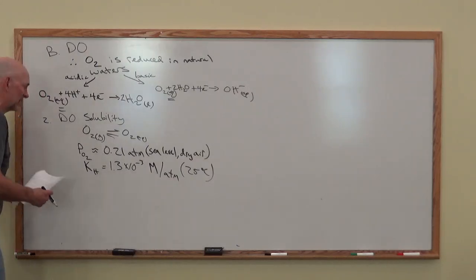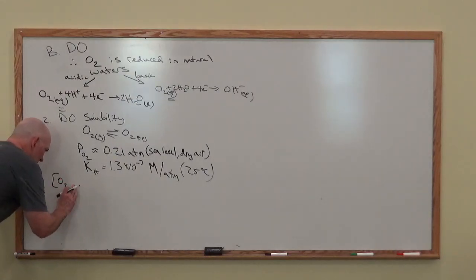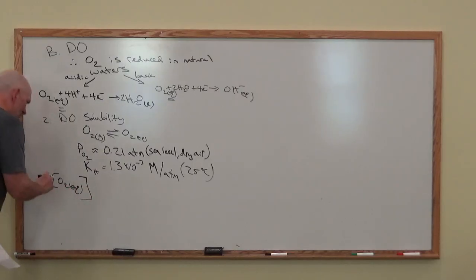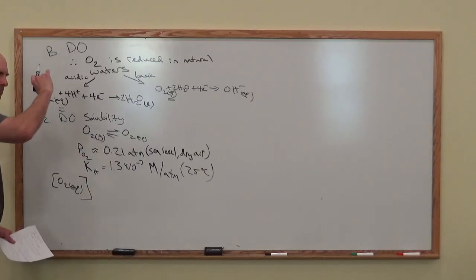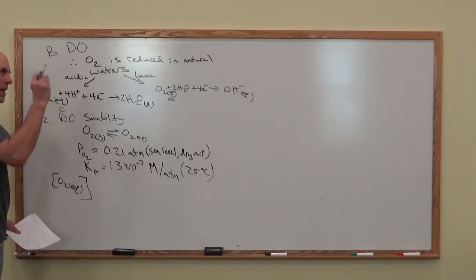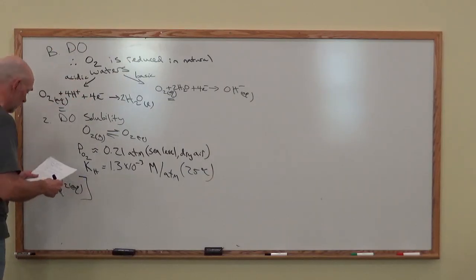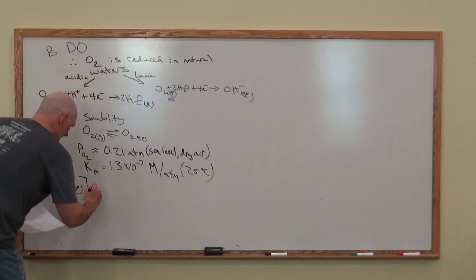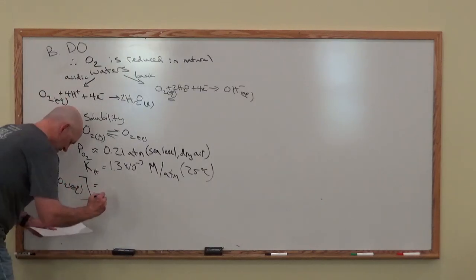If we apply Henry's law, we don't have to rearrange anything. Henry's law gives us molarity. We want milligrams per liter, so we'll have to take moles and make it milligrams. It's a unit conversion problem. So let's just do the math real quick.